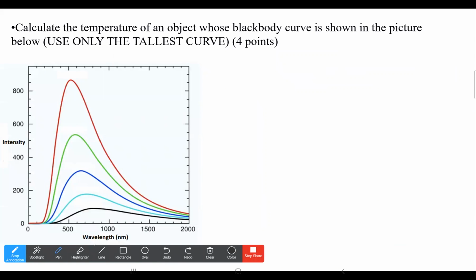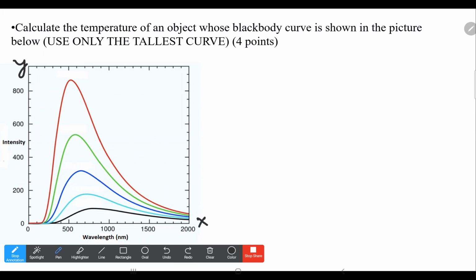The x-axis here is the wavelength of the radiation emitted by some object, maybe a protostar or any object that radiates heat energy. So this is the x-axis, this is the y-axis. Along the x-axis, you can see the wavelength.